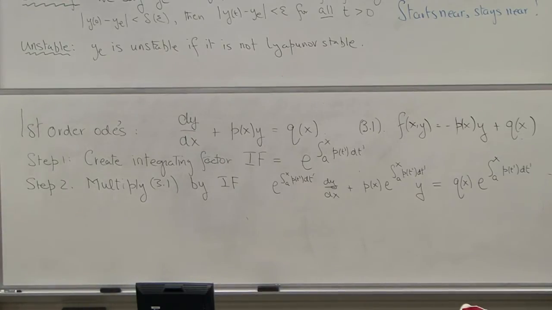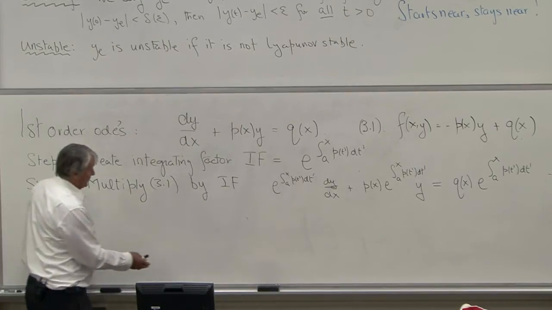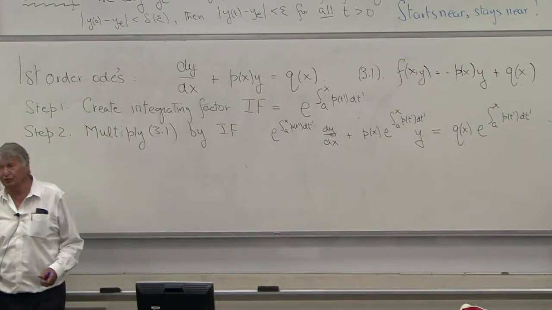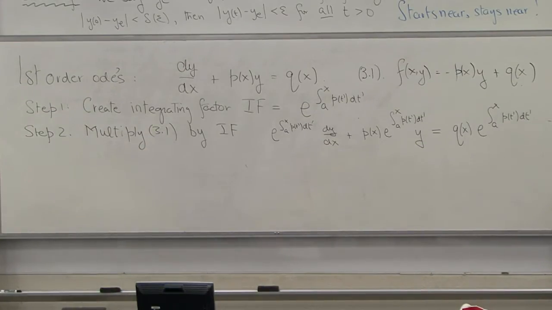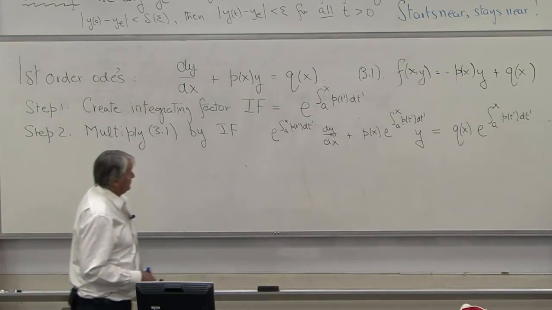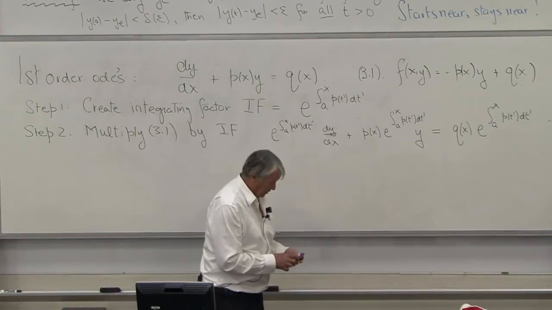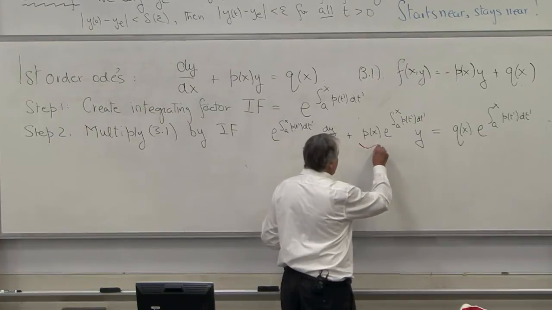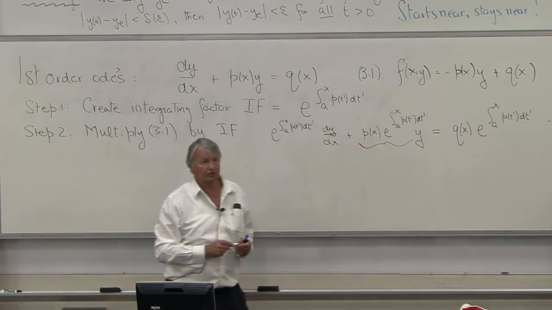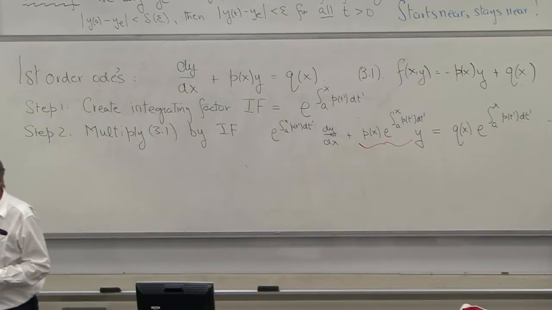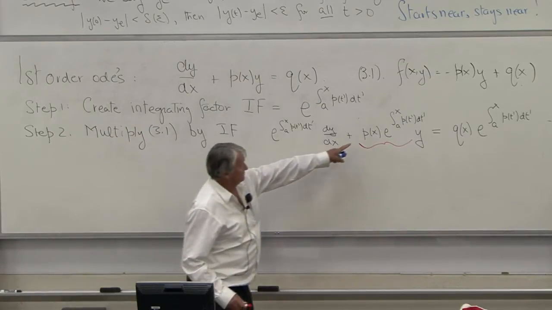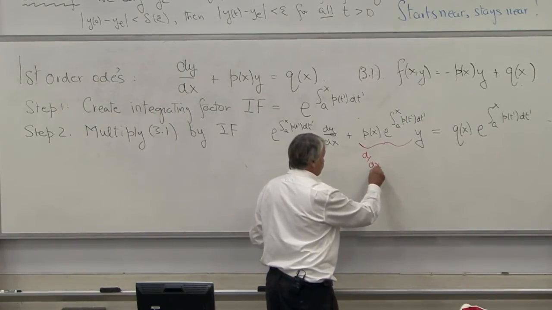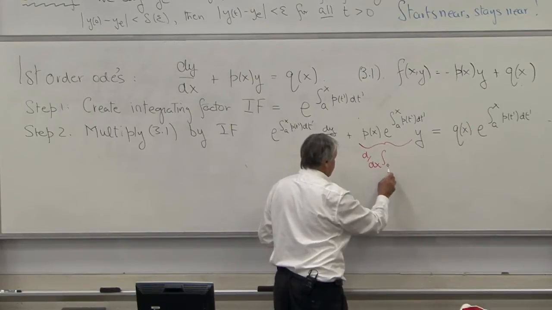Now, it looks as if I'm making things more complicated rather than less complicated, because I've introduced this integrating factor and it's pretty messy. But from your graded homework number 1, and I think you also had it on your quiz number 1, what is this guy here? This guy here is nothing other but d by dx of the integrating factor.